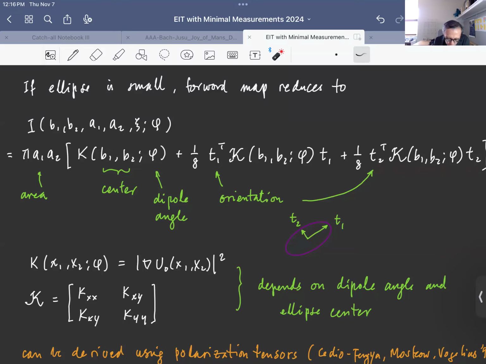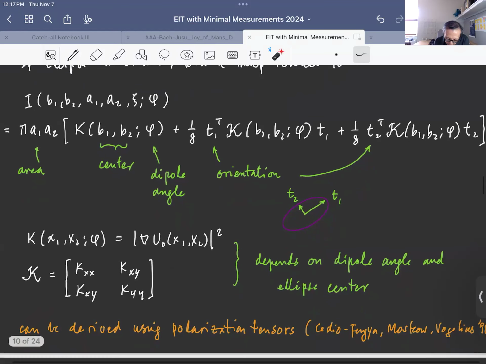So you can see that there's a split between the geometry of the ellipse and the location and where you measure. The K itself is pretty straightforward. The big K is just the gradient of the background field squared, and the script K is basically the Hessian of that function.